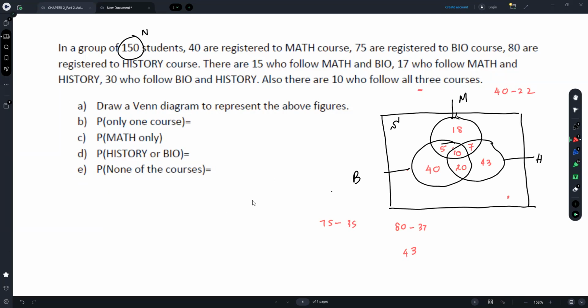We have to finish the lesson now. 40, 18, and 5, right? So 7 should go outside. Am I right? So double check these answers.